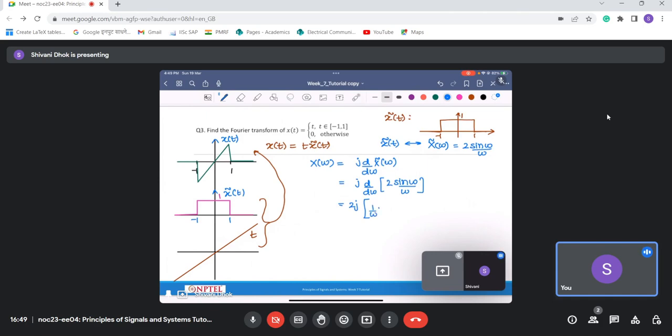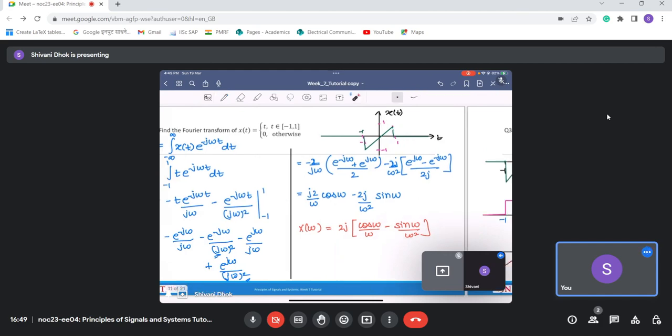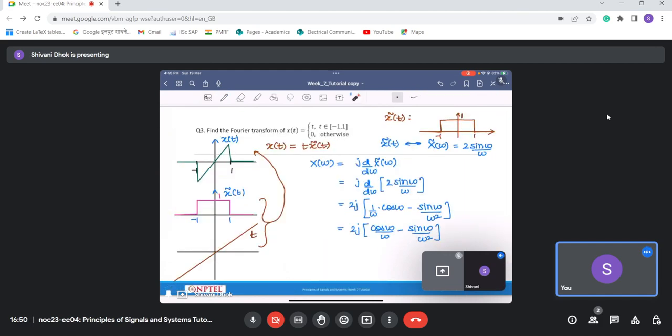The differentiation of sin is cos ω, minus sin ω upon ω², which is equal to 2j cos ω upon ω minus sin ω upon ω². And if we compare what we had derived previously, these two are exactly the same. Hence, since this is a common function and its Fourier transform is generally known, we can simply use the property and just differentiate this function to get the Fourier transform of this signal.